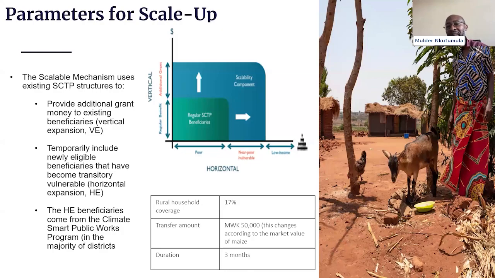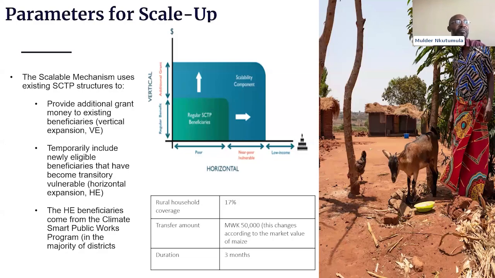Will there be an impact if we add more people? That's why you may see that the program only focused on 17% of the ultra poor in the district. So we have the horizontal and the vertical. Basically, we are looking at a period of 3 months.